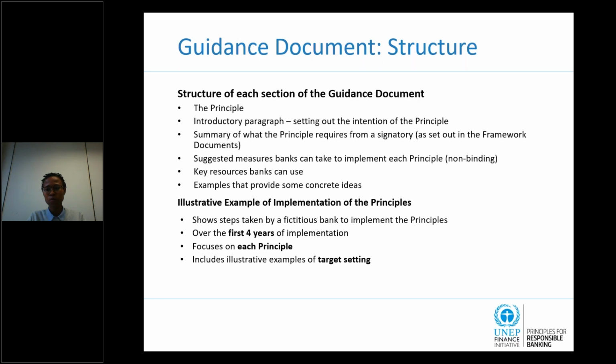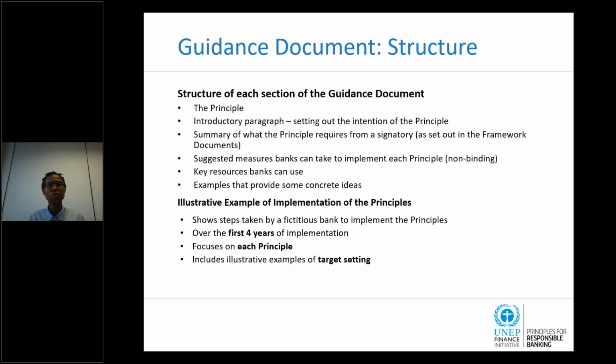Then you will see a summary of what the principle requires from signatories, as we expect and is set out in the framework documents, and suggested measures that we can take to implement each principle. And then, as I said, we have key resources that each of us banks can use in the implementation of each of the principles. And very interesting, you will find examples of different banks in different parts of the world on how they implement each one of the principles.